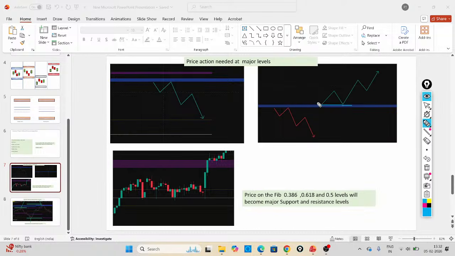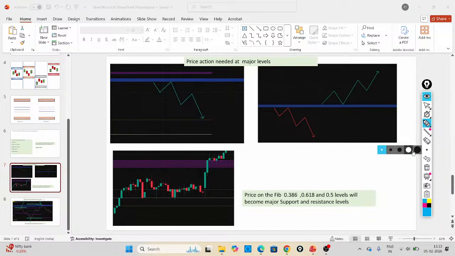And if it is a support level, if a lot of candles are standing just above this blue line, then this becomes a support line. And if candles are hanging just below this blue line, then this is a resistance. In one picture I have shown it, but only one scenario will happen: either this becomes a resistance, or if candles stand on the upside, this becomes a support.